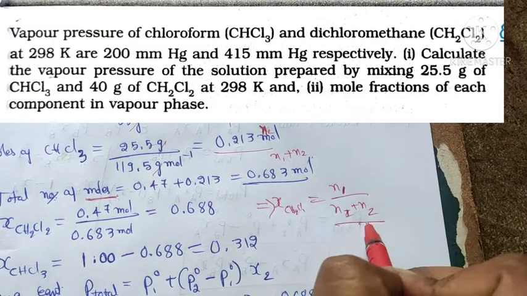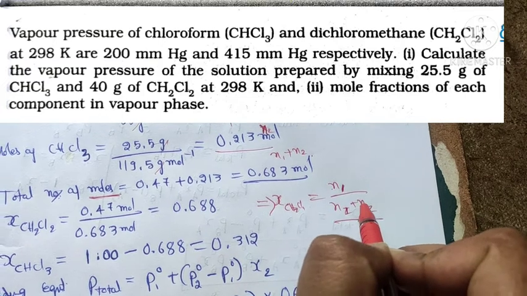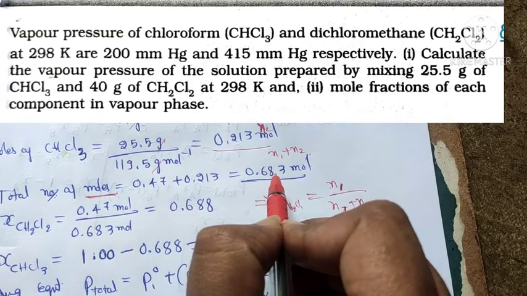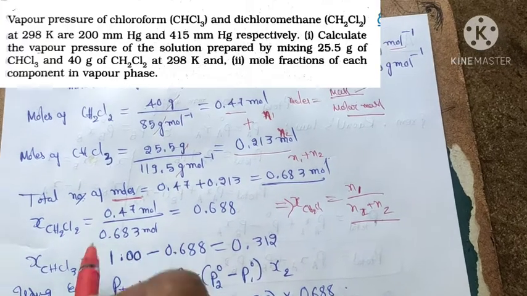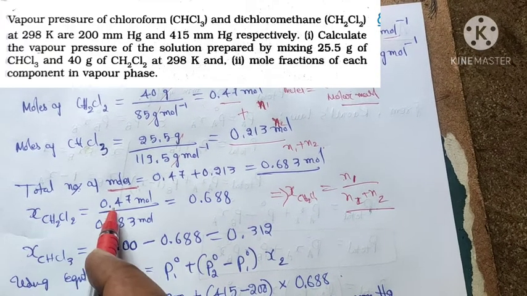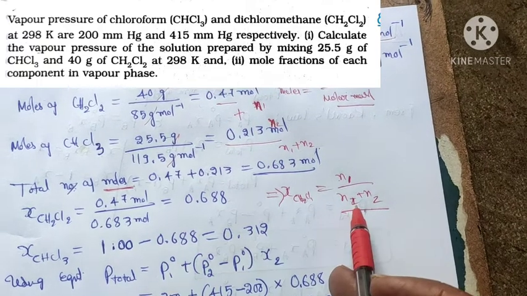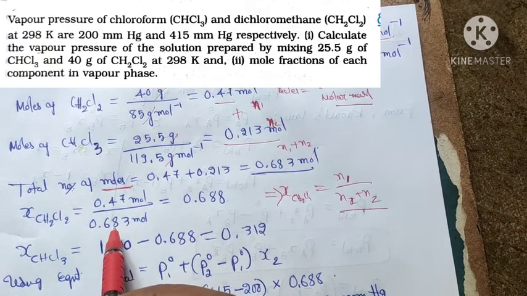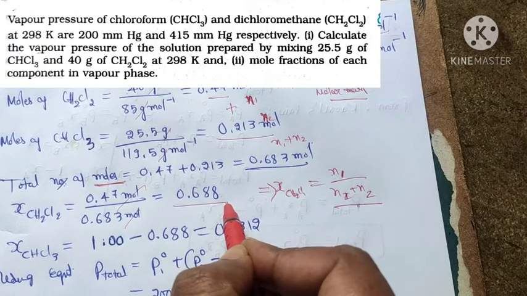The number of moles of the component is divided by the total number of moles. So the mole fraction of dichloromethane is 0.47 mole over the total 0.683, which is calculated as 0.688.